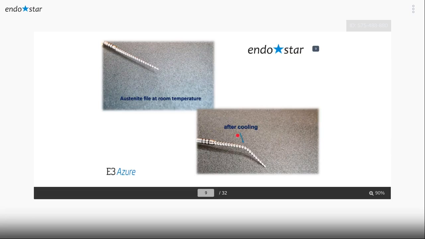I pre-curved the file. It retained the shape for a time. When the temperature increased back again, the file returned to its original shape. But at the same time, I could not pre-curve it one more time. So what happened here is that due to the severe cooling, I gained some martensitic matrix inside the austenitic nickel titanium wire, but only for a while, because this file is mainly 100% austenitic.